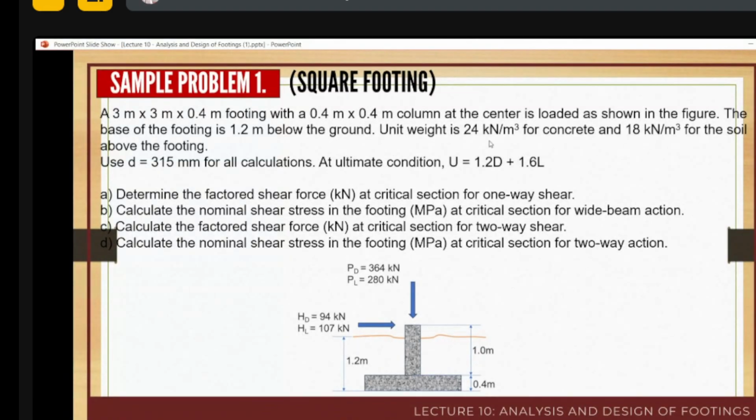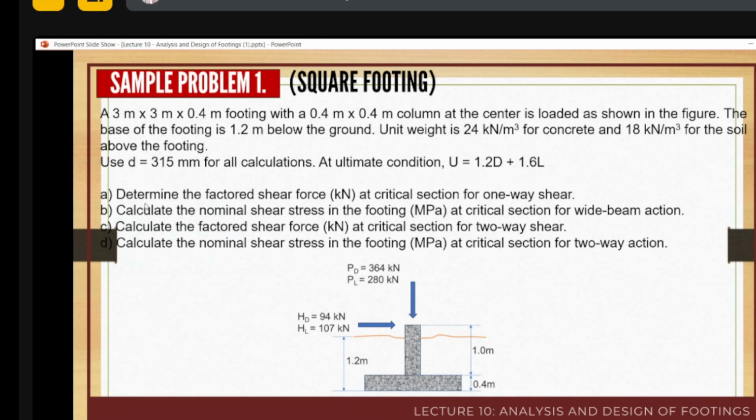Considering the unit weight of the concrete is 24 kilonewton per cubic meter, and the unit weight of the soil is 18 kilonewton per cubic meter, and using effective depth, given the effective depth of 315 mm for all calculations, the ultimate load is equal to 1.2 times dead load plus 1.6 times live load.